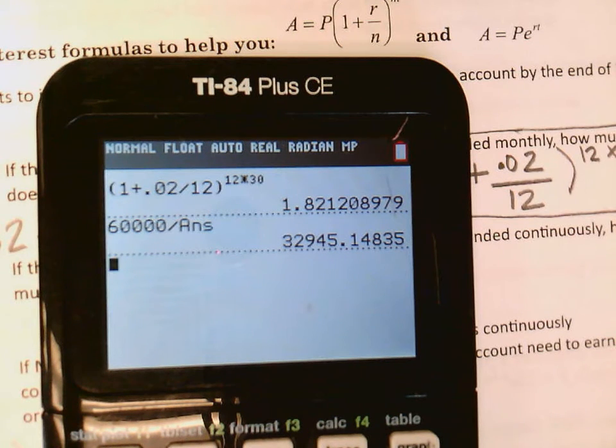Did you round the 1.82? I'm wondering if you didn't put something in parentheses. Does anyone need me to check again how they did it on their calculator? You were all able to get the 32,000 answer now?